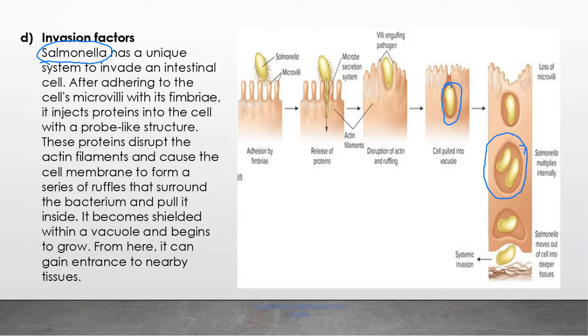And then inside the intestinal cell, they start to reproduce. They will also destroy this intestinal cell, usually causing bleeding. So Salmonella usually causes diarrhea accompanied with bleeding. Okay, so this is an example of infection factors or virulent factors of some bacteria, microorganisms.